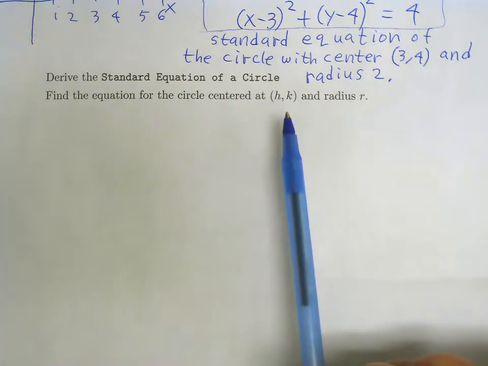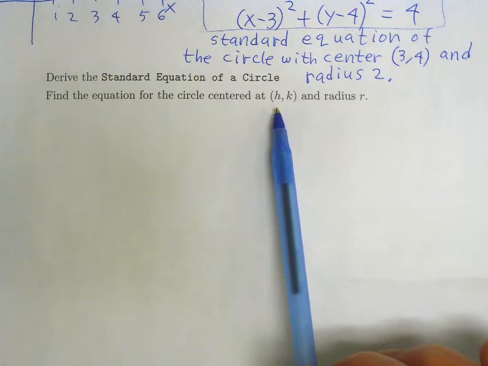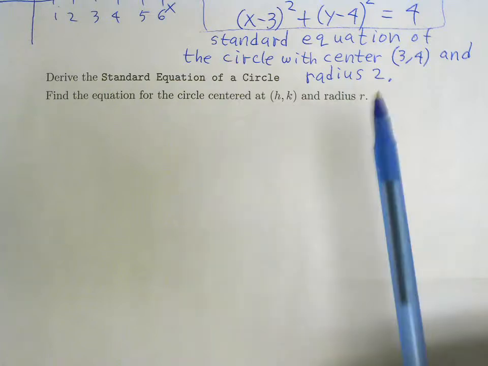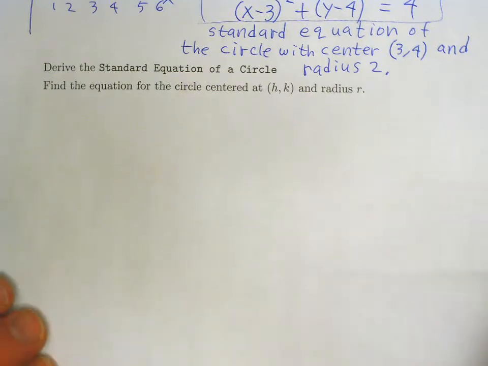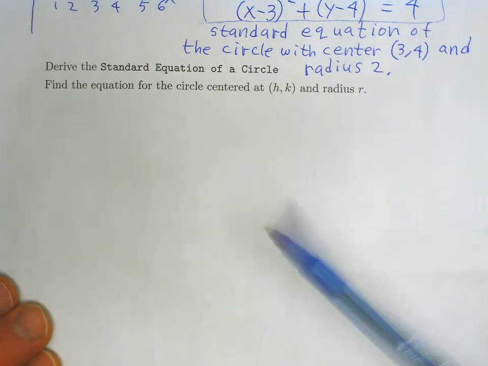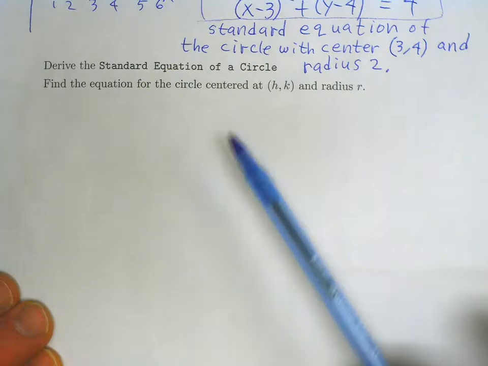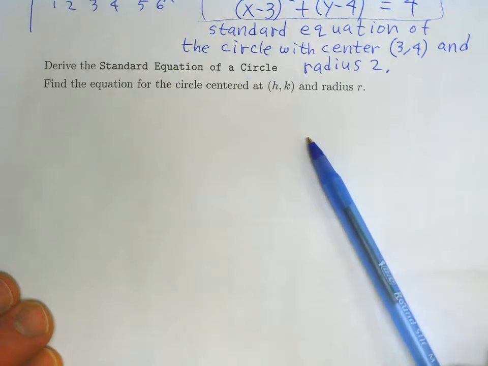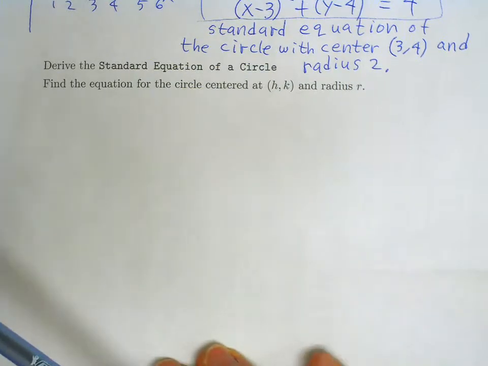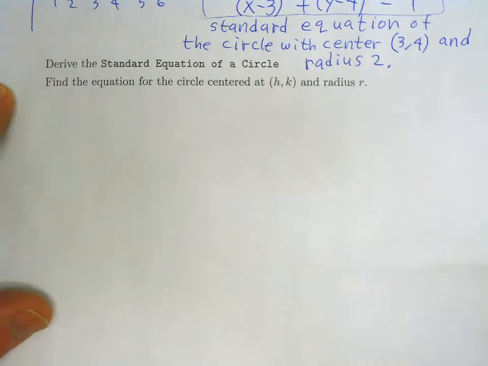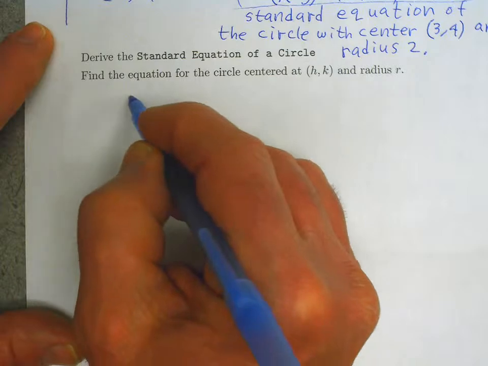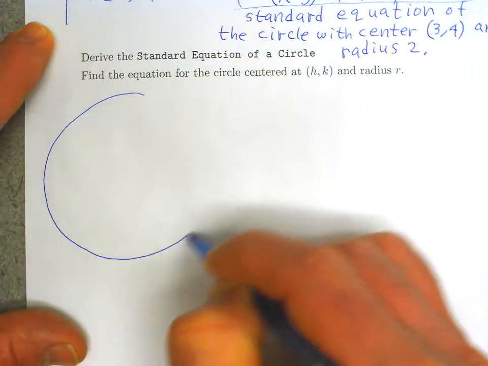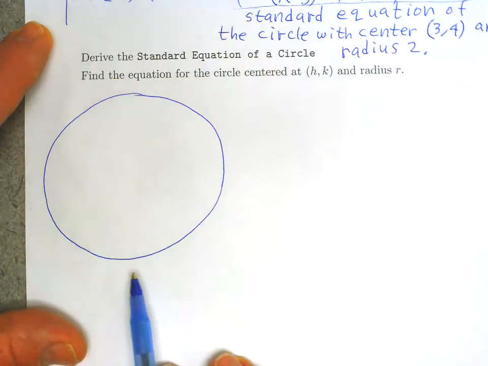So if you have a circle centered at the point h, k and the radius is r, well, you can probably just look at what we did before and tell me what that standard equation is going to be, but we'll go ahead and draw a picture of a circle. So this is a circle in the xy plane.